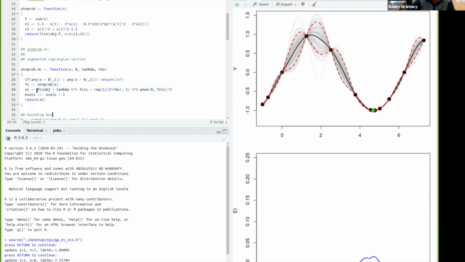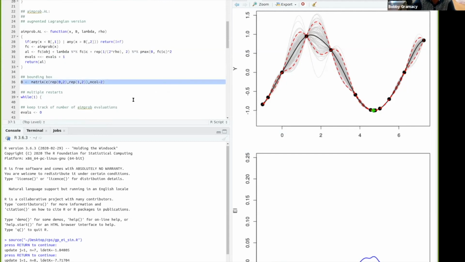It's the function f plus Lagrange multiplier times c plus penalty parameter times the max of 0 and c squared, in a sum. So this is my implementation of L. So original problem, Lagrange multiplier version. Okay, bounding box is simple.